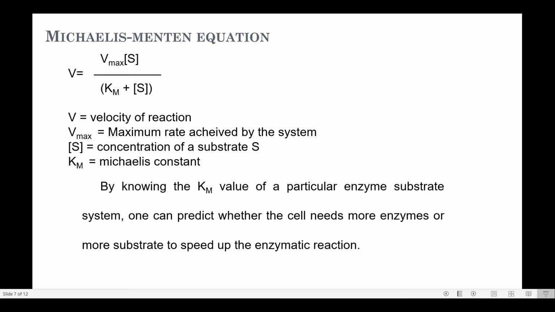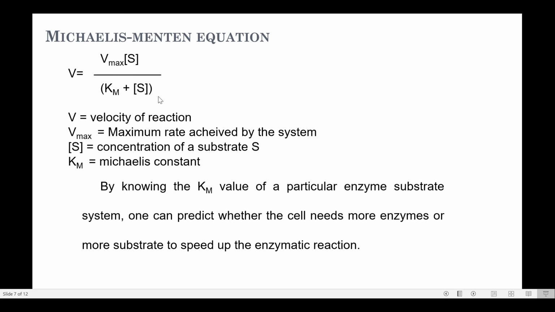We can write this as E plus S, where E stands for enzyme and S for substrate, reversibly forming the enzyme substrate complex ES, which then degrades to form free enzyme and product. Both of them derived an equation which mathematically defines the quantitative relationship between the rate of an enzyme reaction and substrate concentration. This is called the Michaelis-Menten equation.